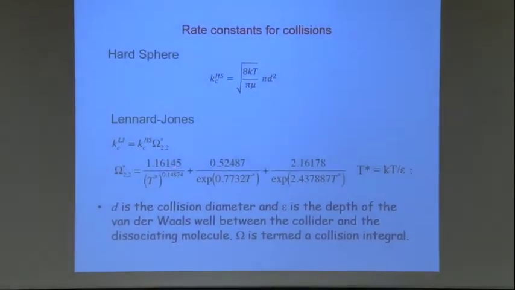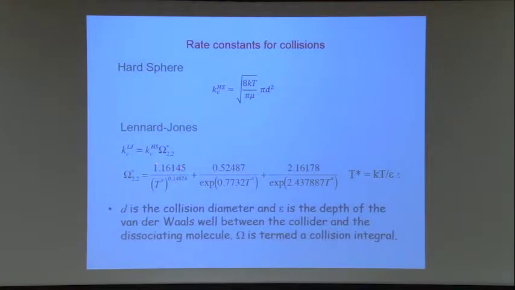It takes the hard sphere one, then multiplies it by this quantity omega 22, and there's the expression for omega 22, where T star is kT over epsilon, where epsilon is that well depth. That's the sort of expression that's widely used in master equation calculations.